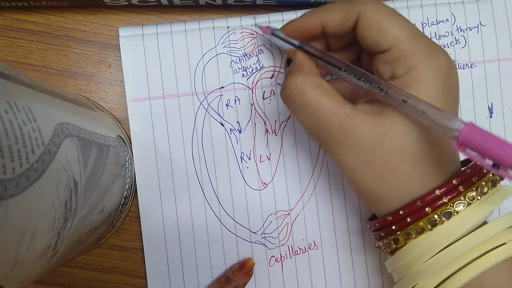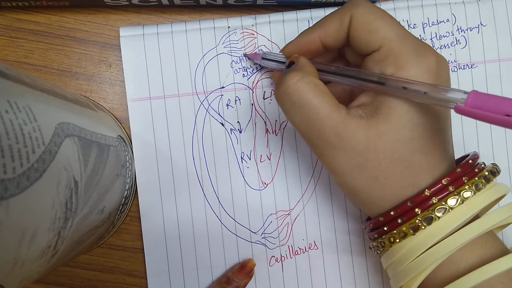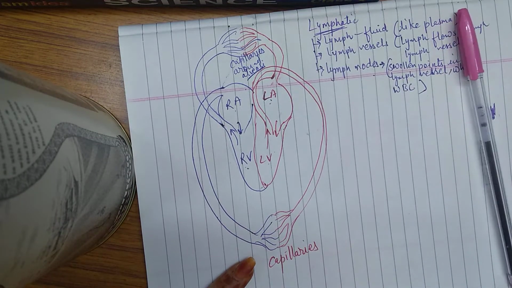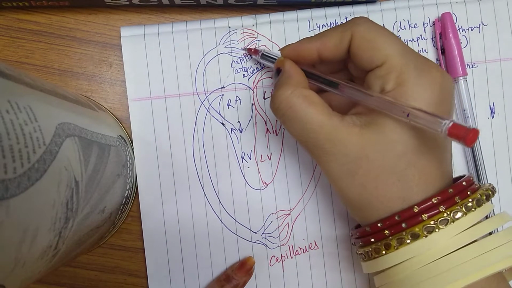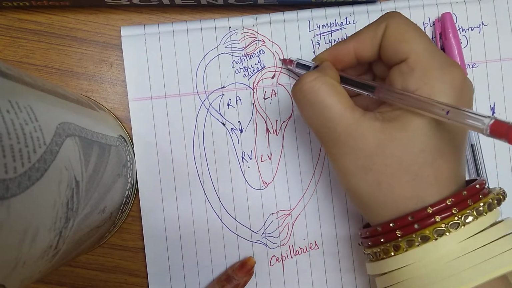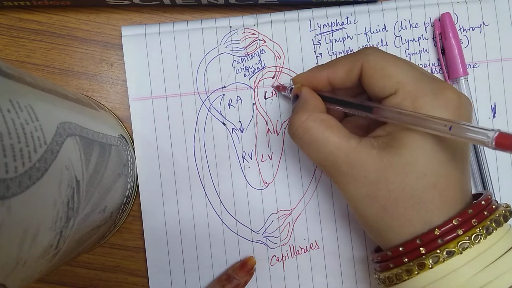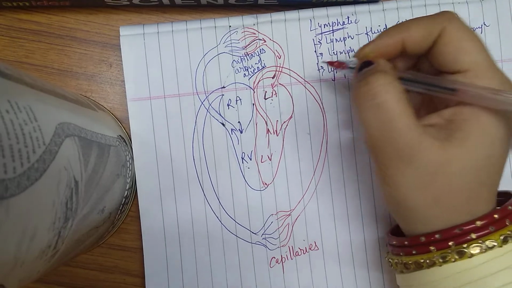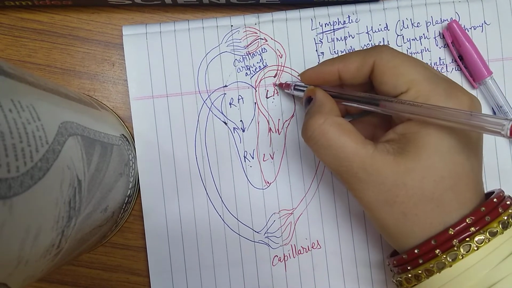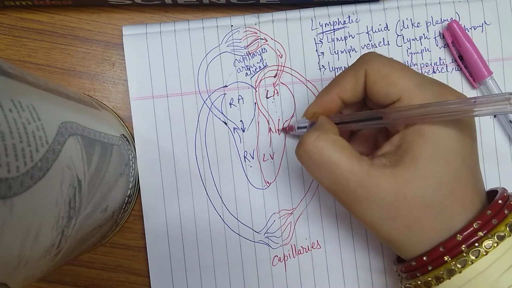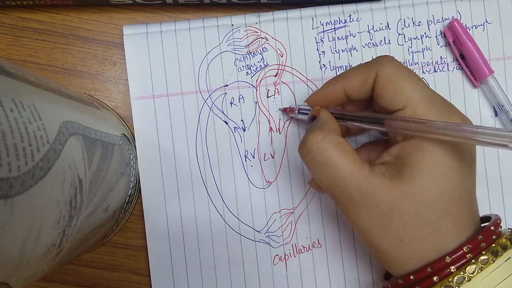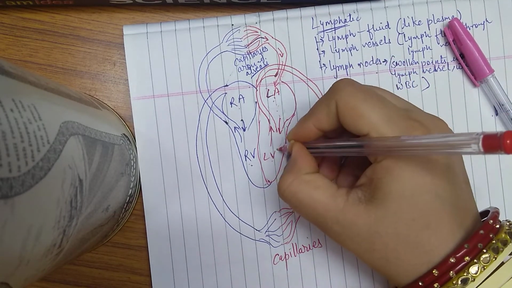So from the capillaries around the alveoli, the oxygenated blood flows towards the heart and enters the left atrium. Now from here the blood goes to the left ventricle.